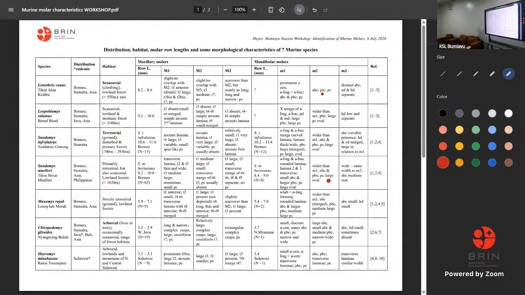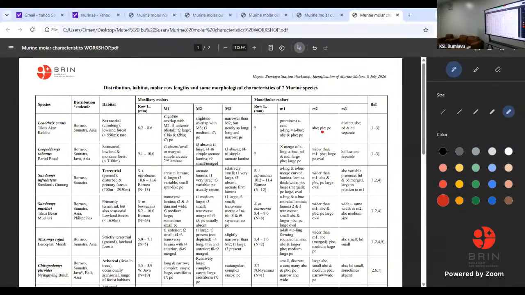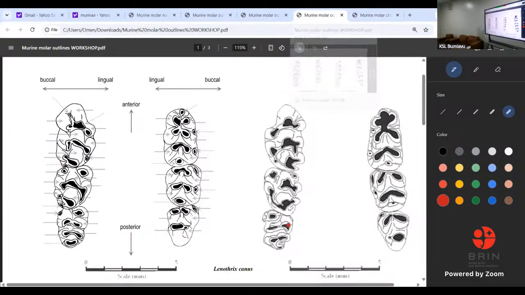You've got 6 drawings, and they're labeled A, B, C, D, E, F. I have the answers as to which one is which.